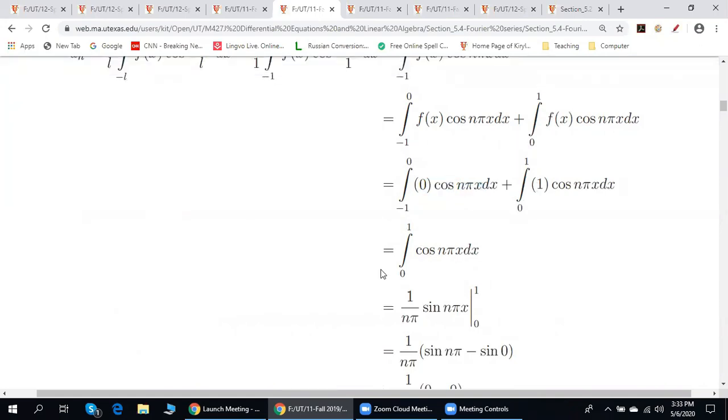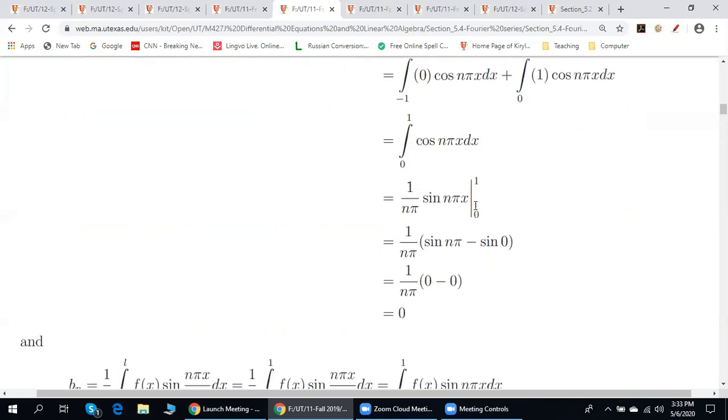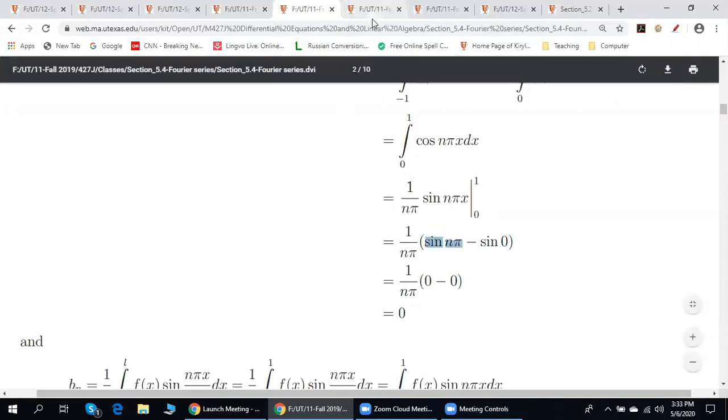Next, by calculus 1, use substitution: the antiderivative of cosine n pi x is 1 over n pi sine n pi x. We plug in 1, done. We plug in 0, done. Observe that sine of 0 is 0. But what is sine of n pi?